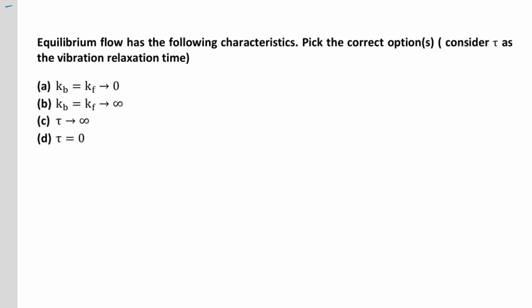So for the equilibrium flow, chemical reactions are so fast that in the flow from one point to another point, there will not be any non-equilibrium characteristics. So flow will attain equilibrium instantaneously.